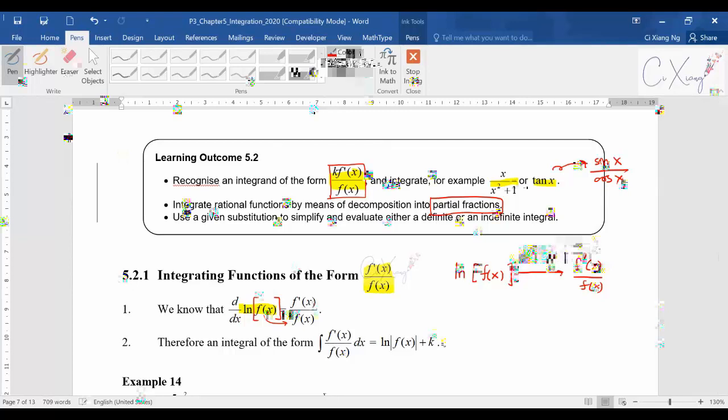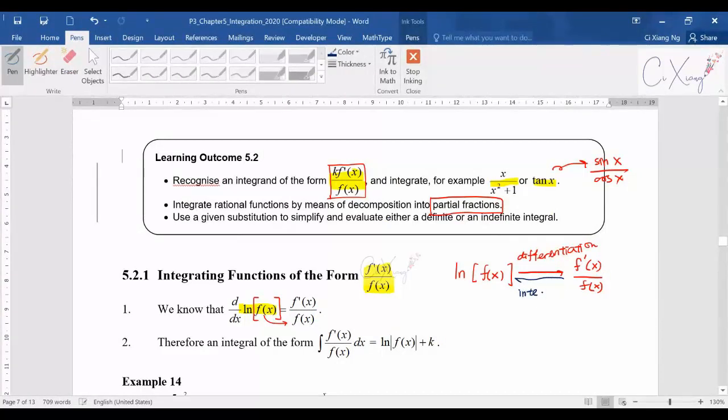I think I told you before also, the opposite direction of differentiation is integration. That means if today I want to do the integration for f prime x over fx, then the answer that I get should be log fx. So this is the basic idea on how to integrate the f prime x over fx pattern.